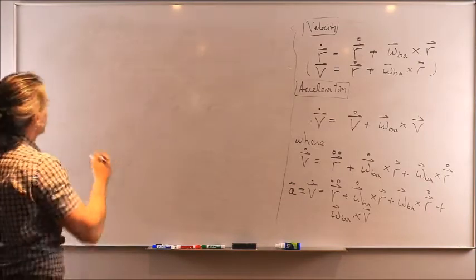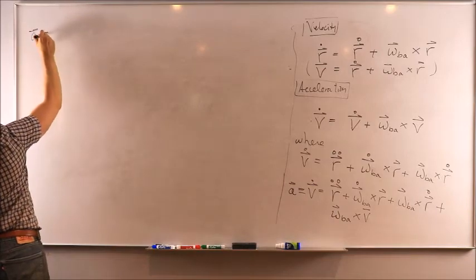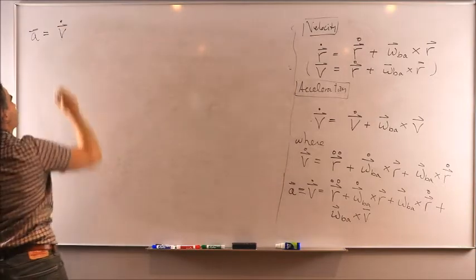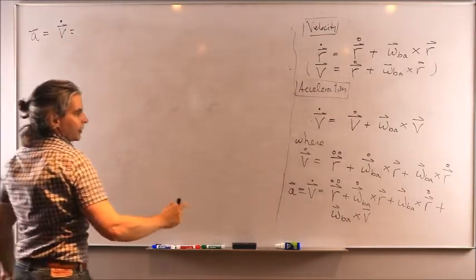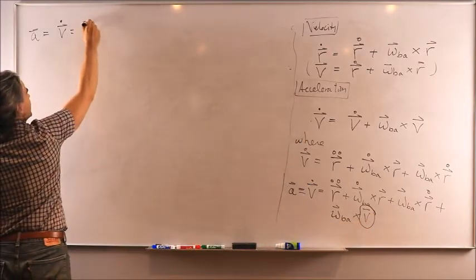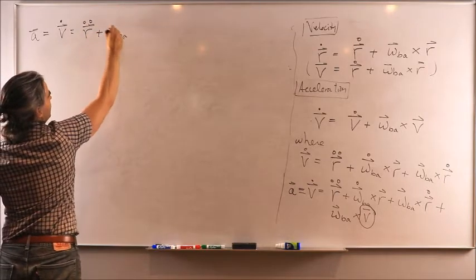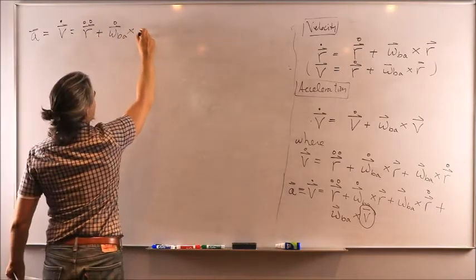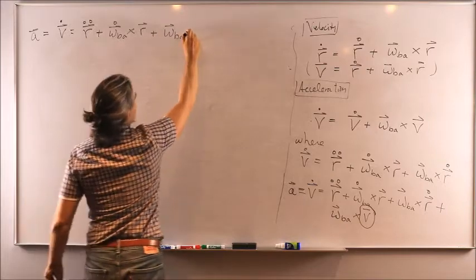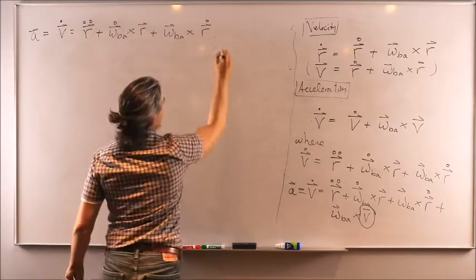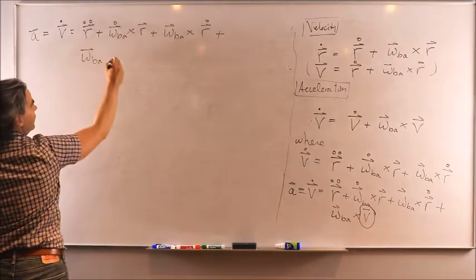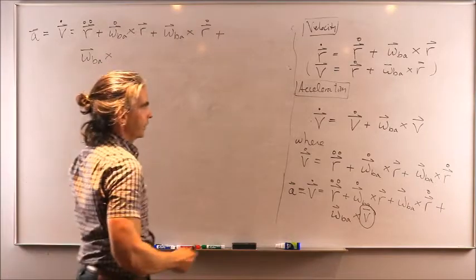Now, we have to keep playing with that expression. So we're still looking for the inertial acceleration, which is, again, the inertial derivative of our velocity vector. So I'm going to rewrite it by expanding what v is. The first few terms are as before, nothing changed, plus omega BA cross product r hollow, plus omega BA cross product velocity vector.